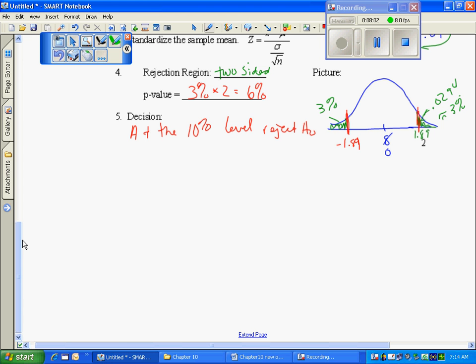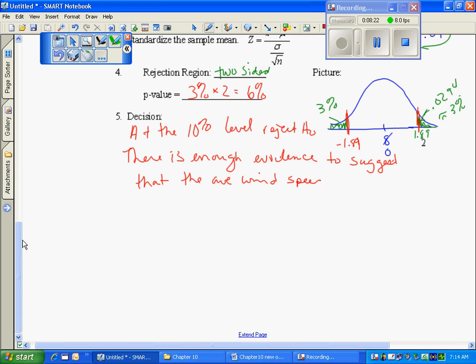There is enough evidence to suggest. What are we suggesting? That the average wind speed is not greater, is not less than, but is different, or not 8 miles per hour.